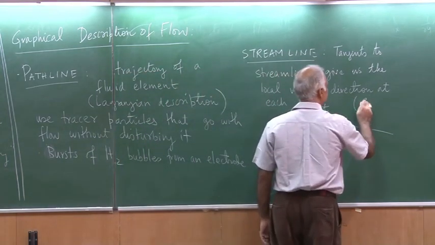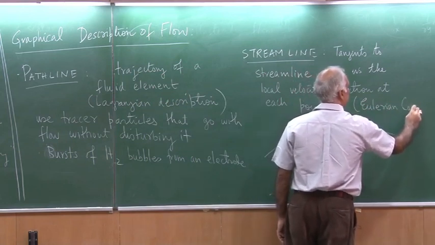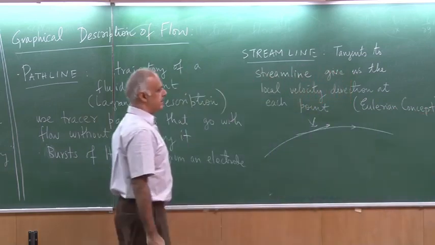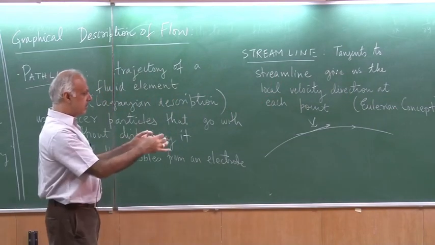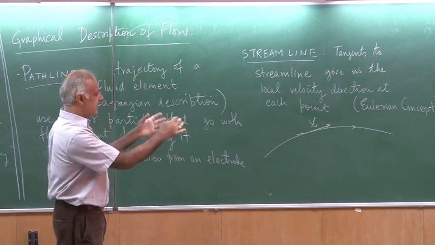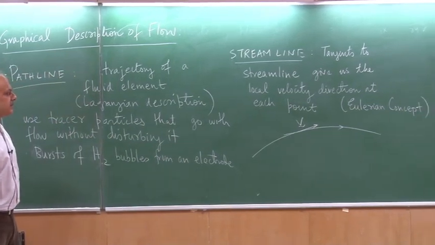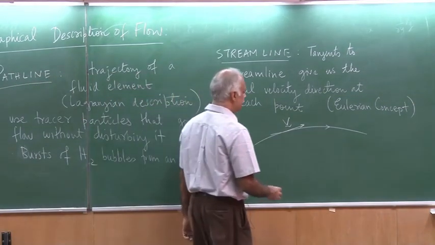This of course is an Eulerian concept. Okay, so it's instantaneous. I take a picture of the flow and then I construct these concepts out of it. So what is the description of a streamline?